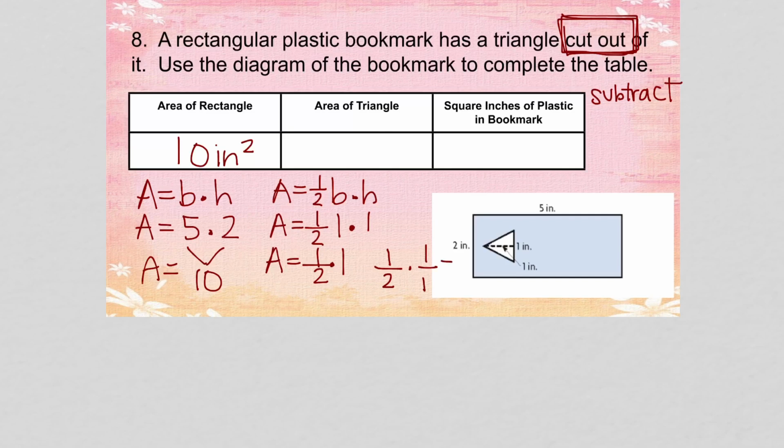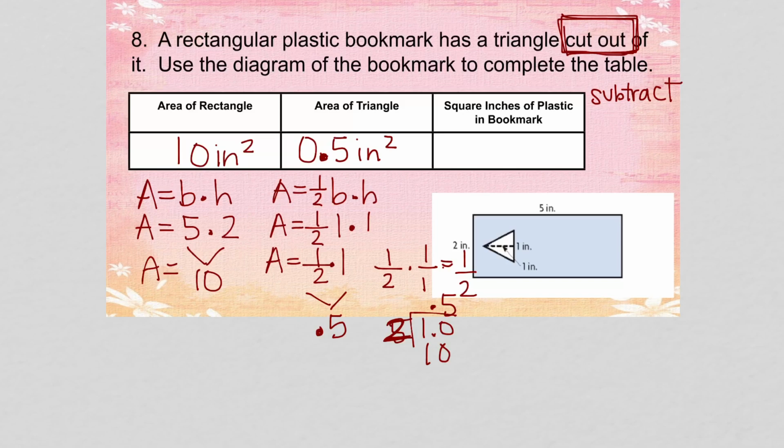And I get what? 1/2. Right? So what's 1/2 of 1? 1/2, which I know is what? And if I didn't know that, I could put 1 in the box and divide by 2. And I would get 0.5. So I know the area of the triangle is 0.5 or 0.5 what?